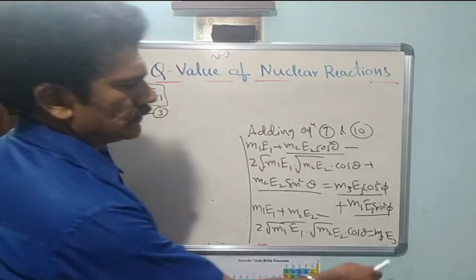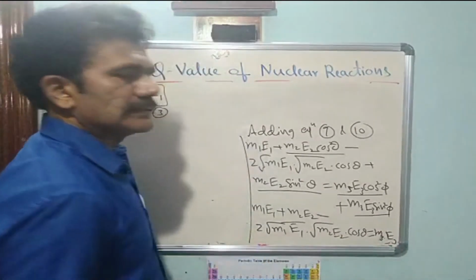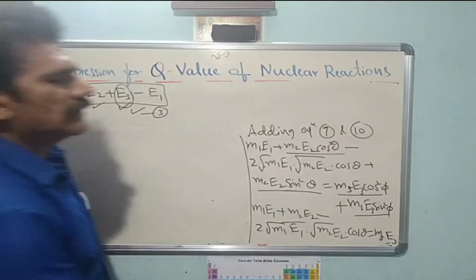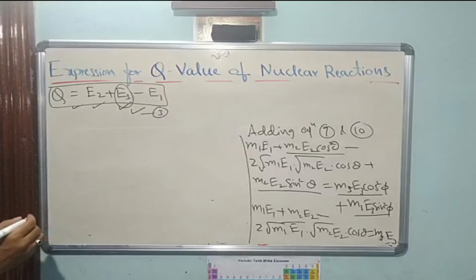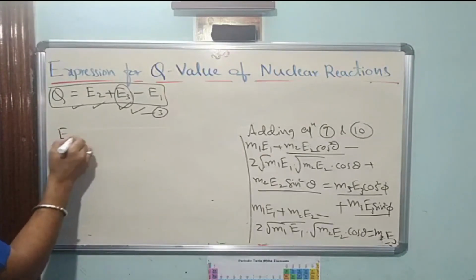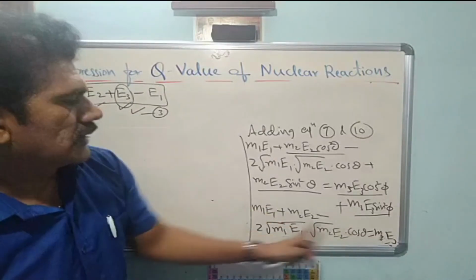Okay, in the next simplification, what I want to eliminate here is E3, isn't it? In equation 3 you have to eliminate E3, so you divide by M3 on both sides, then you will get E3.